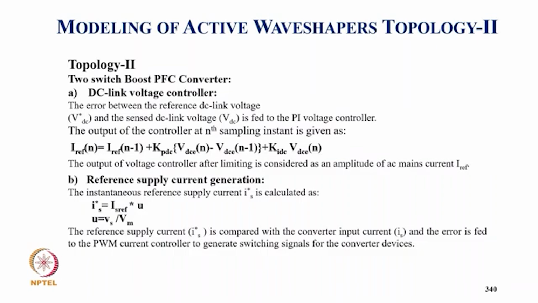The output of the controller after limiting is considered as the amplitude of the AC mains current I_ref. The reference supply current Is star is calculated as I_ref into u, and u equal to Vs upon Vm. The reference supply current is compared with the converter input current, and the error is fed to the hysteresis current controller to generate the switching signal for the converter devices.